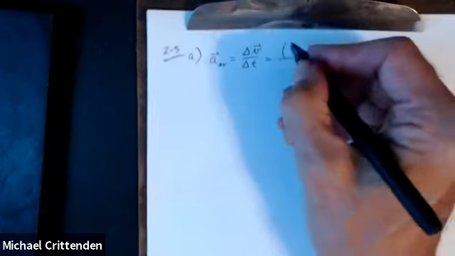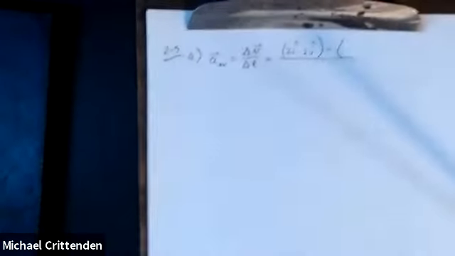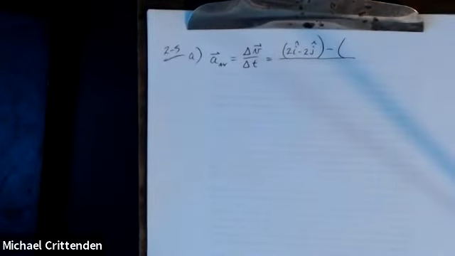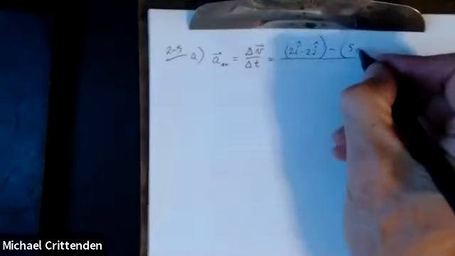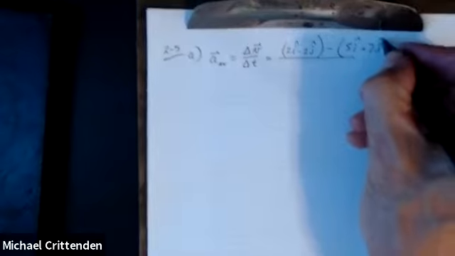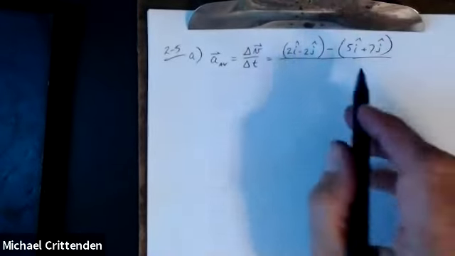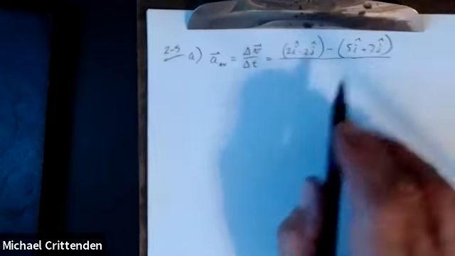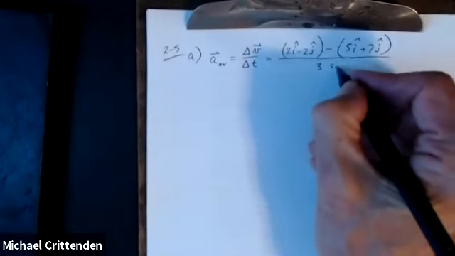Final velocity was 2i minus 2j. And the initial velocity was 5i plus 7j. The amount of time that passes between having this for the velocity and having that for the velocity is 3 seconds.